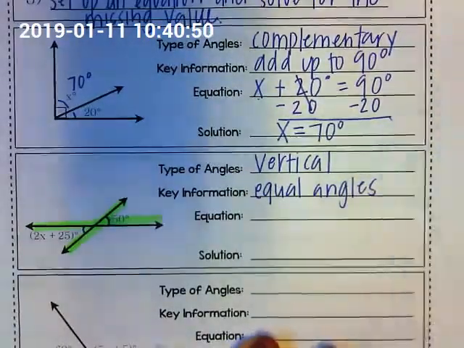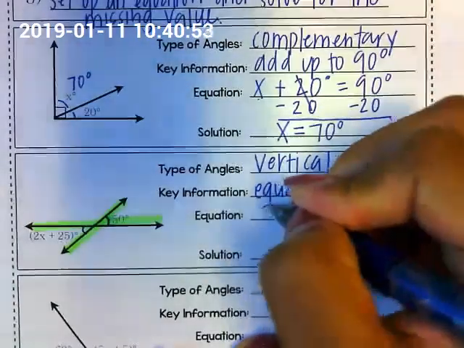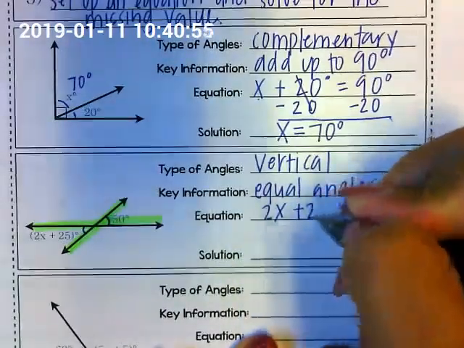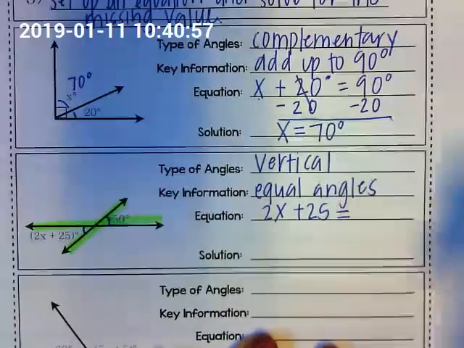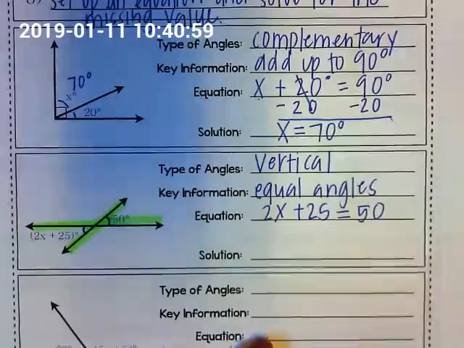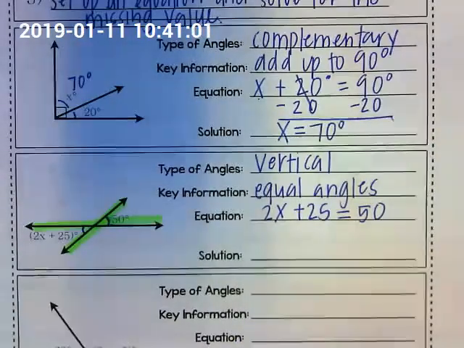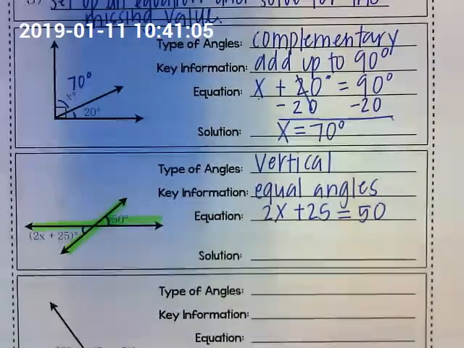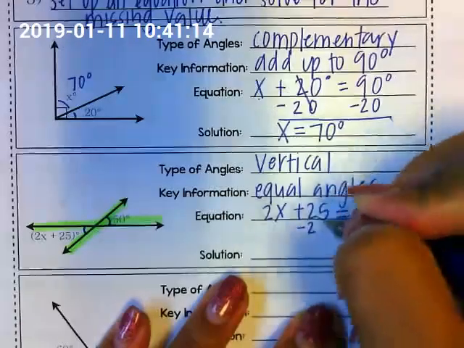So for my equation, I'm going to write 2x plus 25 is equal to 50. And now I have a two-step equation I can work with. How am I going to solve for x? What's my first step? Subtract 25 from both sides.